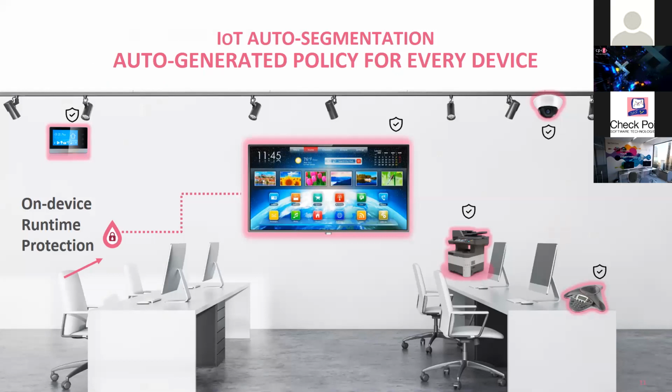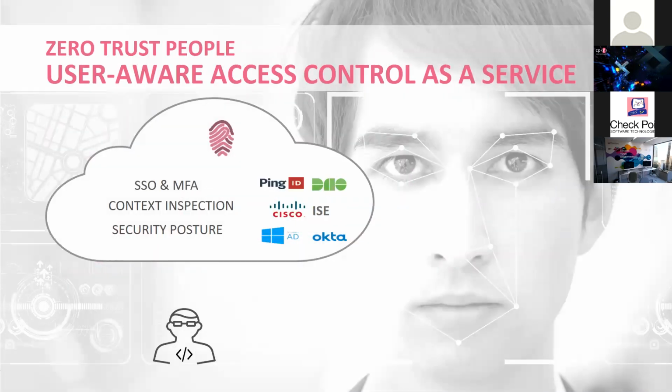So if it's an untrusted device from an untrusted vendor, it goes into a quarantine zone. But if it's a camera from a vendor that you know, we can automatically apply a policy to that. And we're talking tens of thousands of devices across large organizations. And the capability to be able to do that automatically increases your security posture dramatically, but also decreases the need to have a lot of people managing that, and also helps increase the capability to deploy a zero trust network.